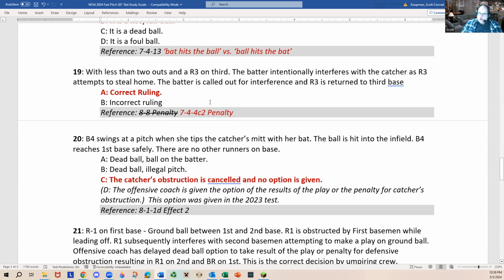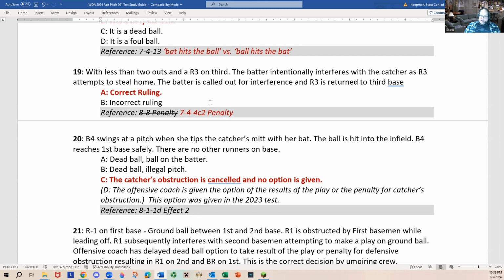Question 19. With less than 2 outs and a runner on third, so we either have no outs or 1 out, the batter intentionally interferes with the catcher as the runner on 3rd attempts to steal home. The batter is called out for interference, and R3 is returned to third base. Is this correct or incorrect?